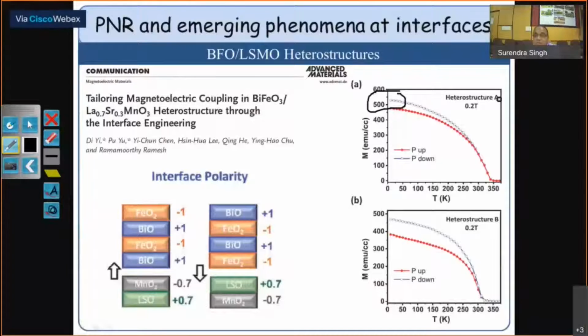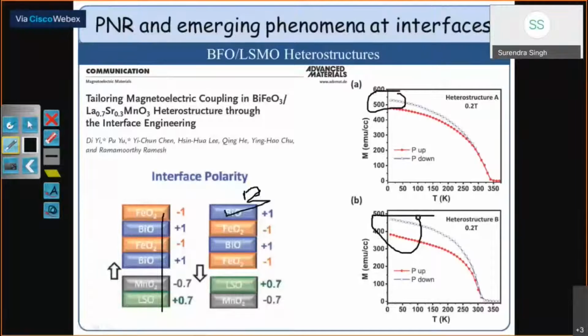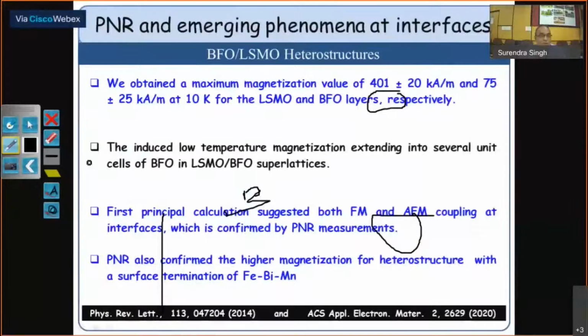So heterostructure A is this kind of termination, and this is heterostructure B, another kind of termination, which gives the anti-ferromagnet as per our first principle calculation. You can see the net magnetization is increasing for this one and reduced for this one at low temperature, where there is a coupling.